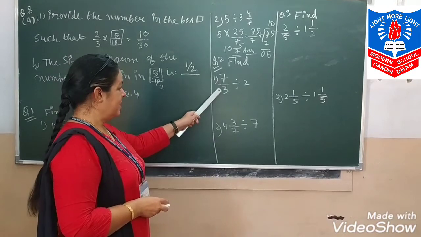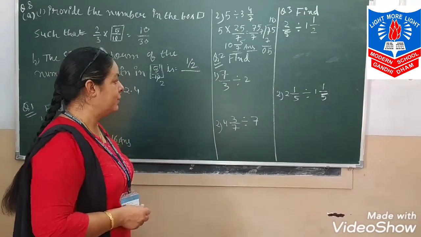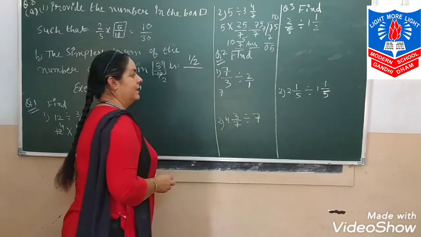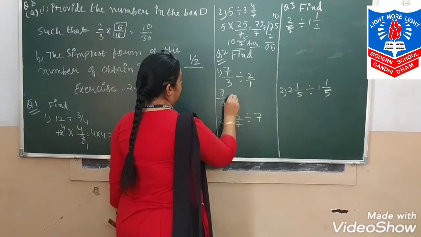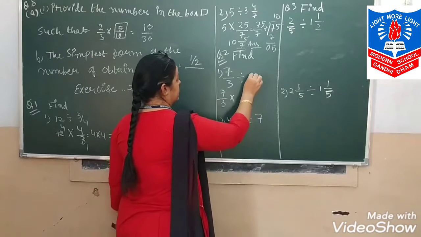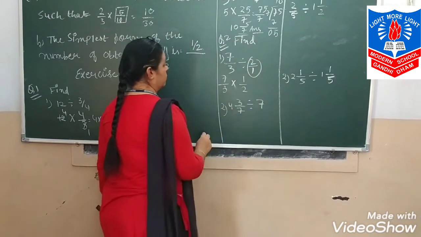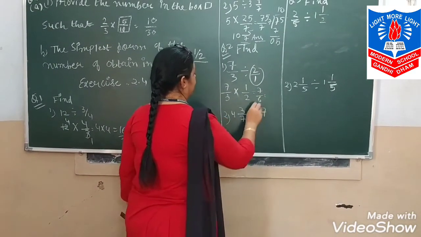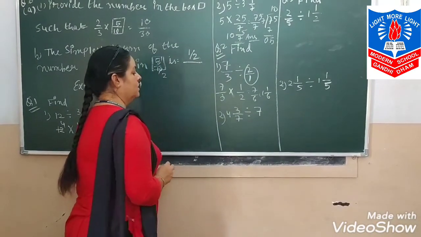Then in the same way, question number 2: 7 upon 3 divided by 2. Here there is no denominator under the number, so we write there 1. So I convert division into multiply, and take the reciprocal of this number, it means 1 by 2. Here is 7 upon 6. Convert into a mixed fraction: 1 integer 1 upon 6.